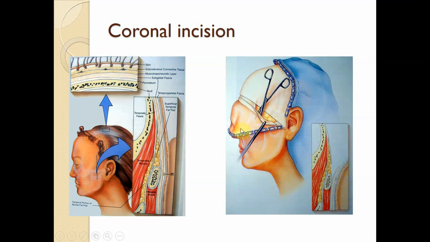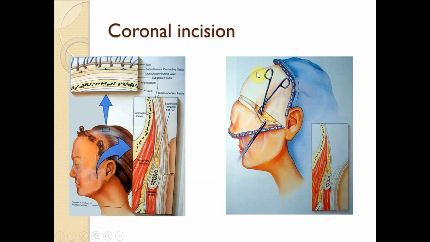Coronal incision. In the coronal incision, the incision is placed from the preauricular region and goes to the temporal, parietal region, and goes to the other side. The coronal incision is most commonly used for zygomatic arch fracture, supraorbital rim fracture, frontozygomatic, nasal, and frontal sinus fractures, and there might be temporal or frontal bone fracture.